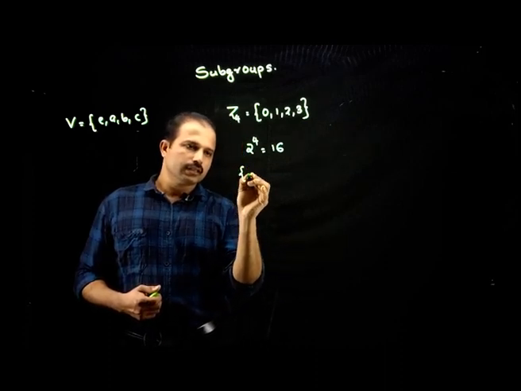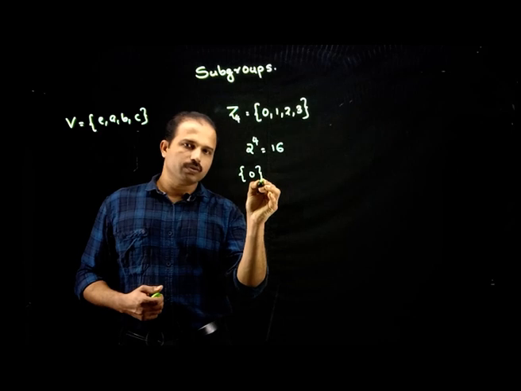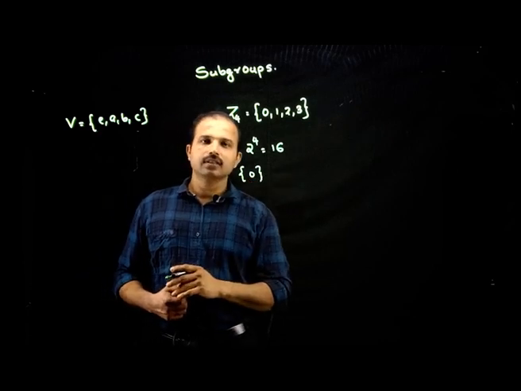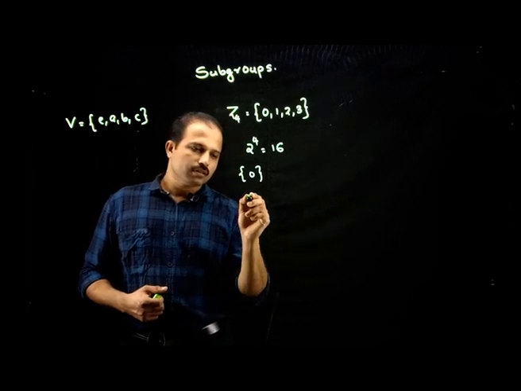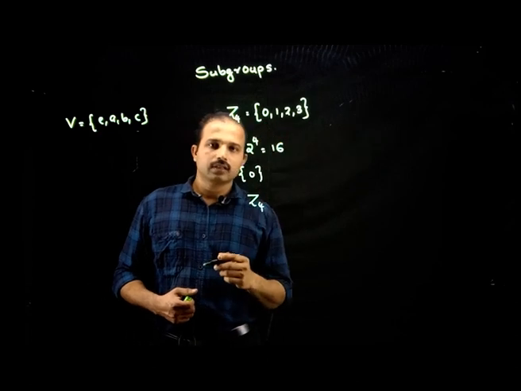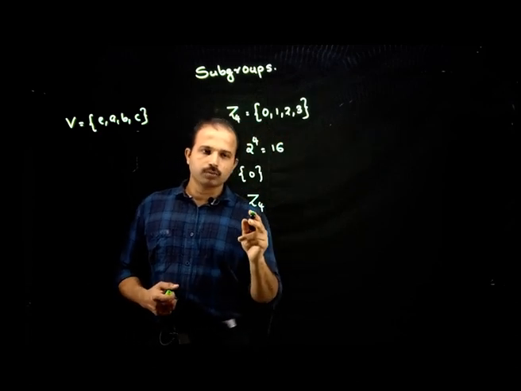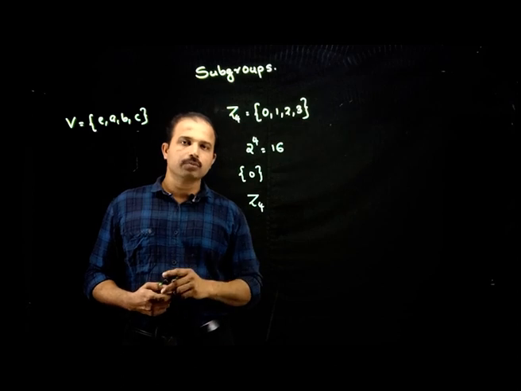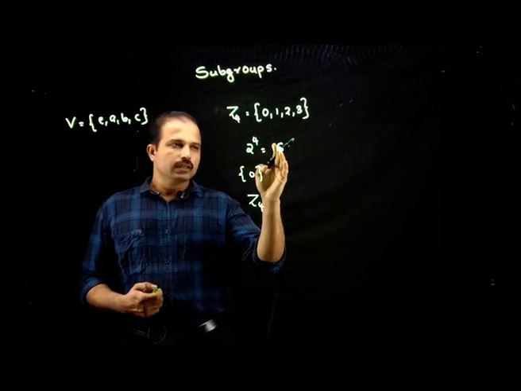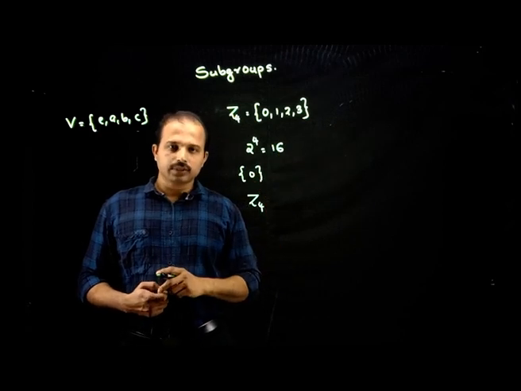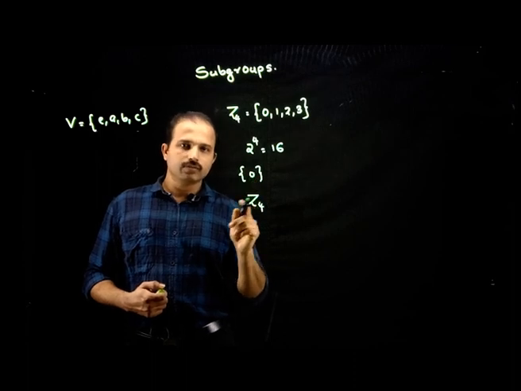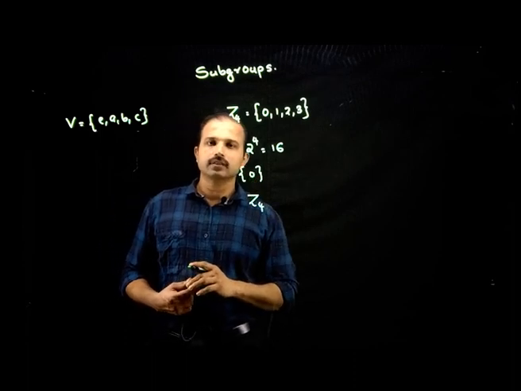certainly the singleton set {0} will be a subgroup, and that subgroup is known as the trivial subgroup. Again Z4, the only subset containing 4 elements, will be a subgroup, and it is known as the improper subgroup. So 2 subgroups will be there. Now among these 16 subsets, certainly the singleton set {0} and the set Z4 will be subgroups.